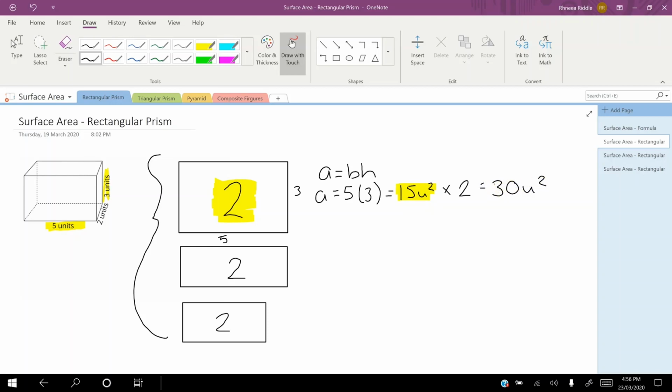So this way, instead of adding 15 plus 15 when we add up all the faces, we're just going to go ahead and combine that face into one and just multiply it by 2. So our next shape is going to be this middle one. So again, this is the top and bottom to our rectangular prism.